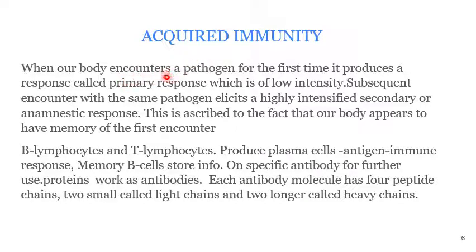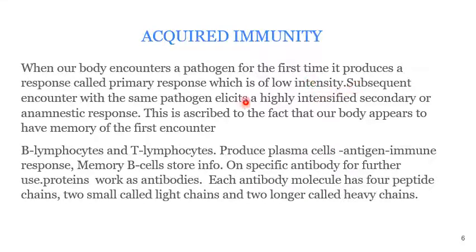When our body encounters a pathogen the first time, supposing a baby gets fever or cold the first time, it produces a response in the body, and that response is called the primary response. That will not be strong, it will be of low intensity, and it may not be able to fight out higher level pathogens.